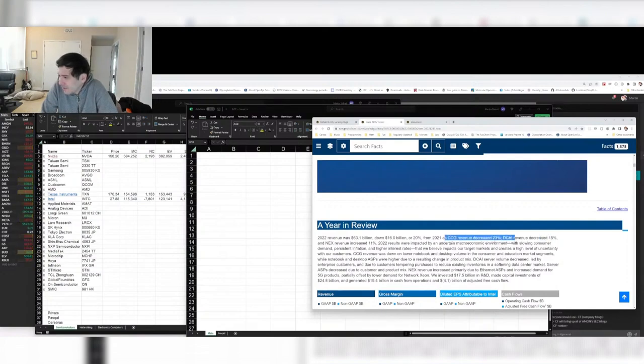All right, so they have CCG. I think that's Client Computing Group. Decreased 23%. DCAI, I have no idea. I think it's data center. Decreased 15%. And NEX increased 11%. Results were impacted by an uncertain macro environment with slowing consumer demand, inflation, and interest rates. Level of uncertainty with our customers.